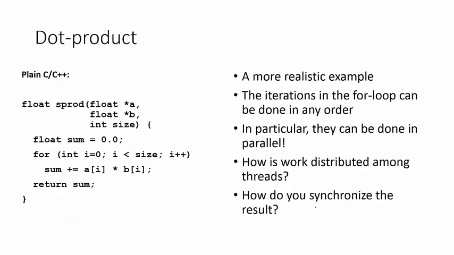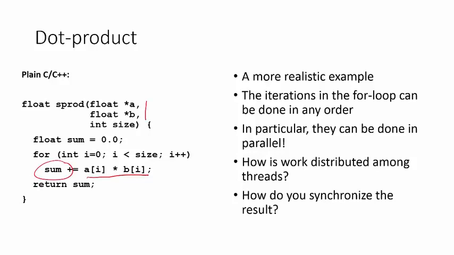Here is a slightly more complicated and also more realistic example. It's the single precision floating point dot product calculation. We have two arrays represented by pointers to them here, and we multiply them element-wise and sum up the products into the dot product called sum here.